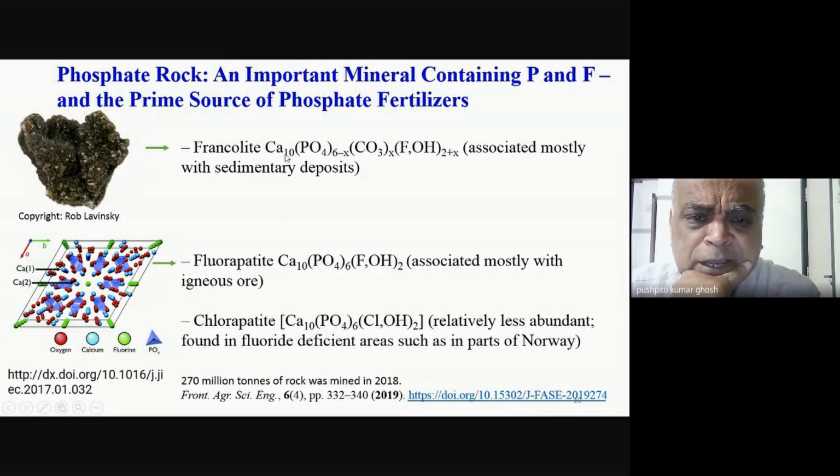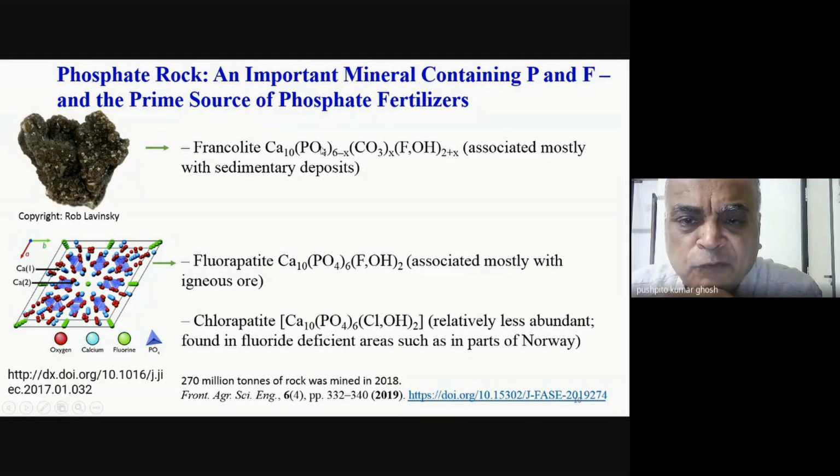These are typically fluoroapatite type of structures. That is, they will not only have the phosphate, but they will also have some other anionic counterions to the calcium. By and large, you can think of them as calcium phosphate, but they are not just calcium phosphate.